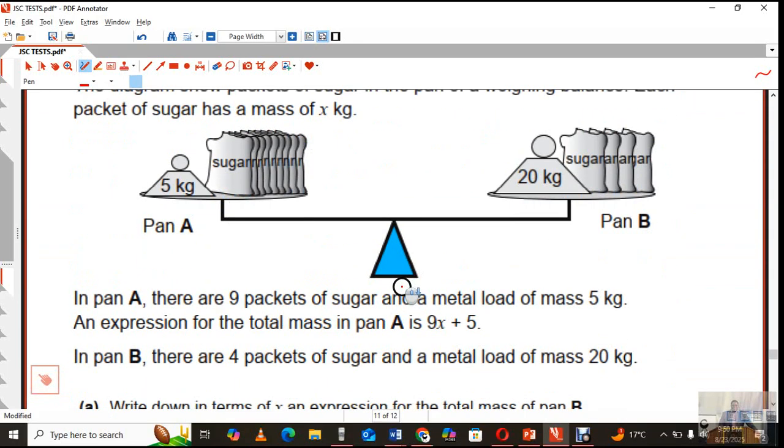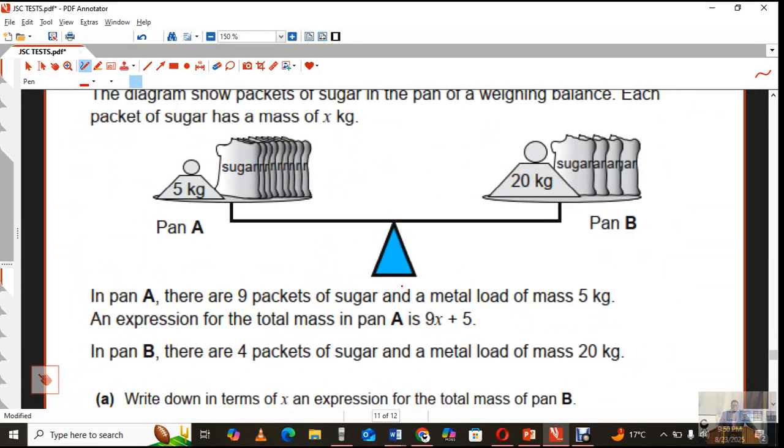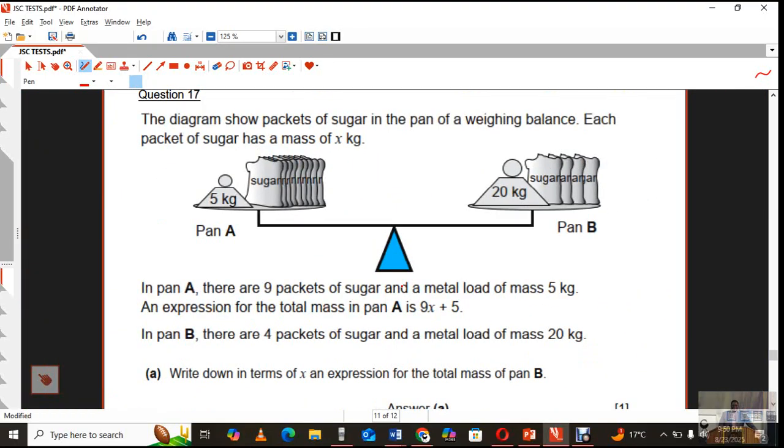Right. Question 17. This one is a little bit tricky, but not really. Just have to read the question carefully. The diagram shows packets of sugar in the pan of a weighing balance. Each packet of sugar has a mass of x kilogram. Then on pan A, you've got that 5 kilogram load, and then you have about 9 of them. Okay, if you were to physically count, but I'm getting the information from here.